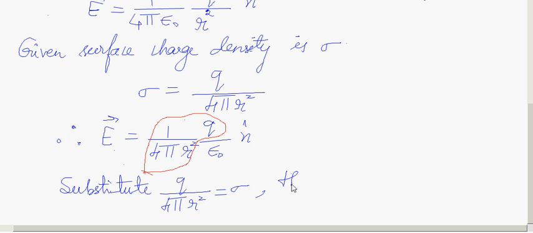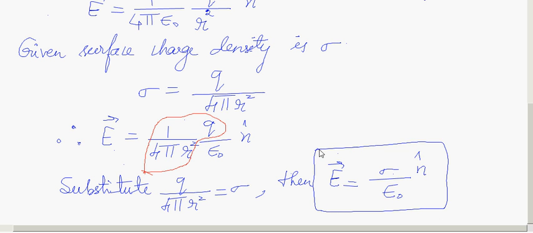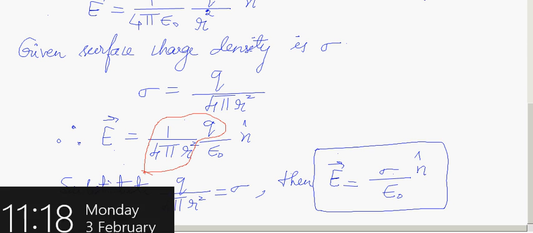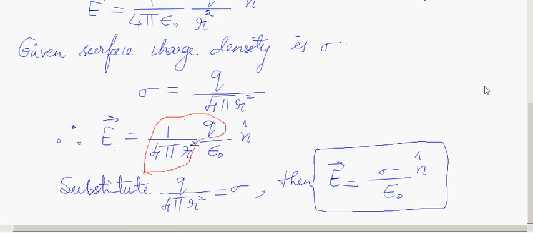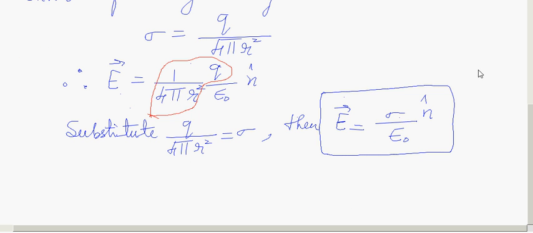Then E equal to sigma by epsilon naught into n, and this is the required equation. E is sigma by epsilon naught into n. That is the required equation.